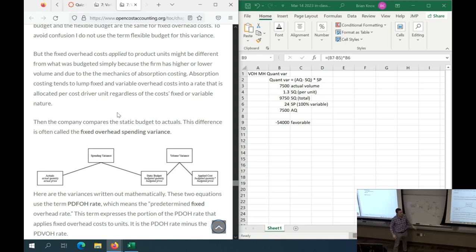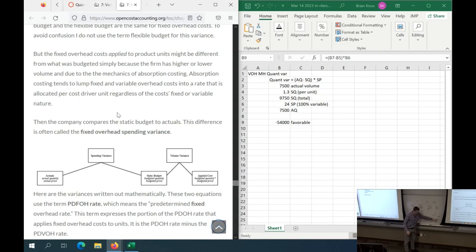There are very different reasons why you'll have higher fixed overhead costs than expected in actuality compared to what you've budgeted, or lower fixed overhead costs. And since the variance analysis is intended to help us improve the business by asking the right questions, don't waste the time trying to pull out a price versus a quantity. You can't do anything with volume because these two would be equal, so there'd always be a zero volume variance. But then trying to disentangle between these two isn't going to work.